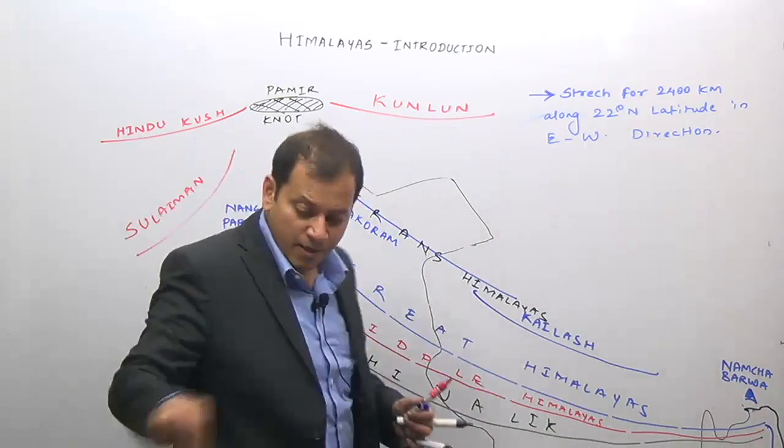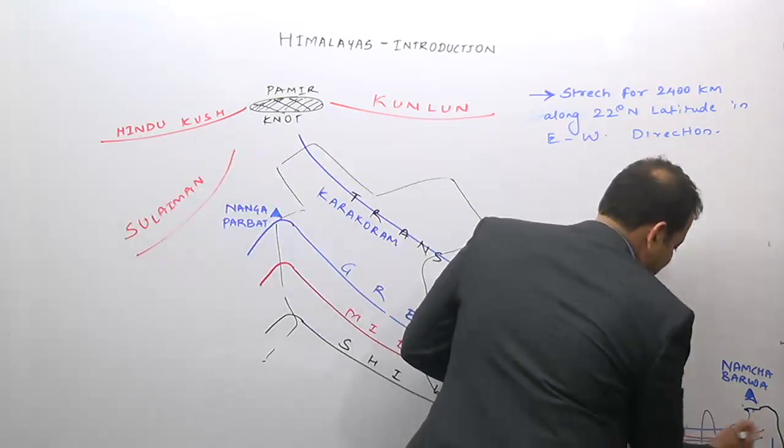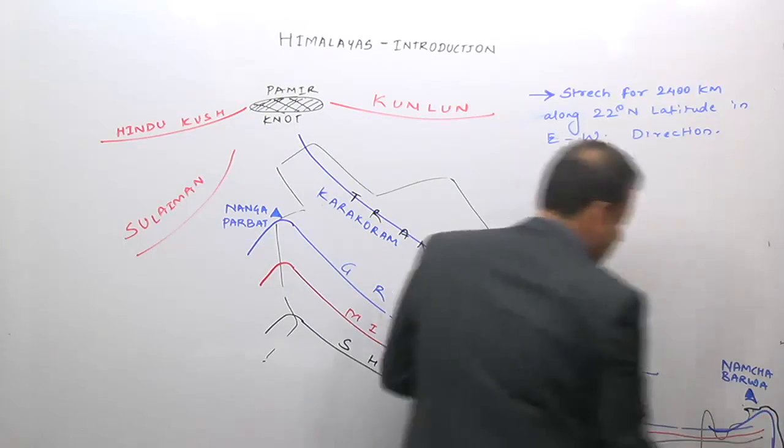The Himalayas take a sudden southward bend near Namcha Barwa.